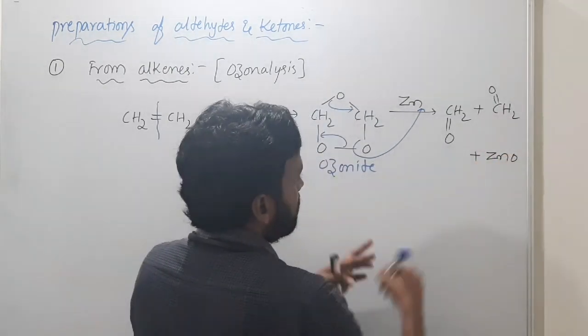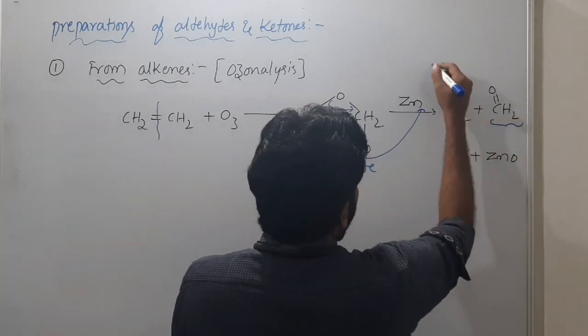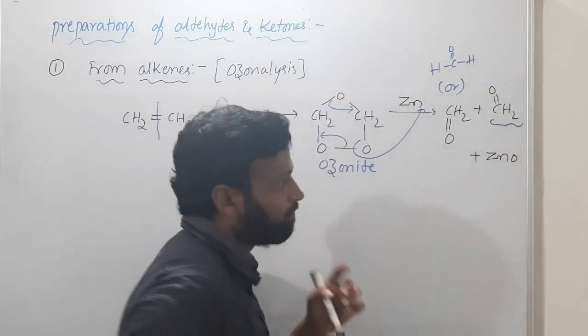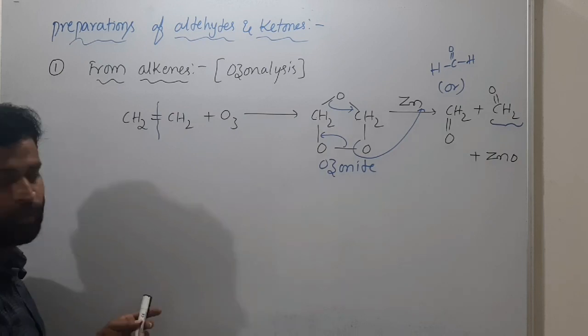CH2O can also be written as HC double bond OH. Simply CH2O, so formaldehyde forms in this way.